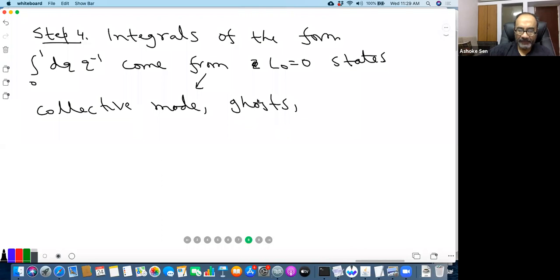Now, at tree level, for this 2-point function, you only work at tree level, so the ghosts are not there. But it doesn't matter, I'm giving the general rule.